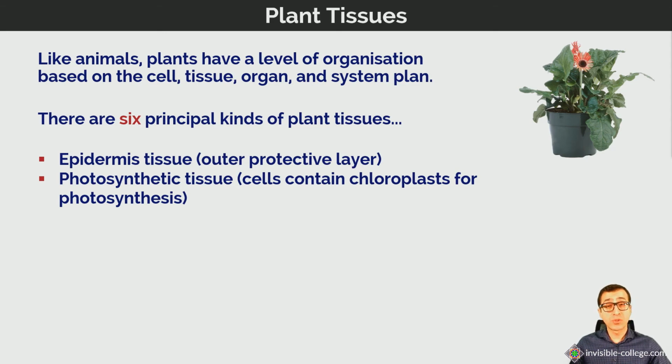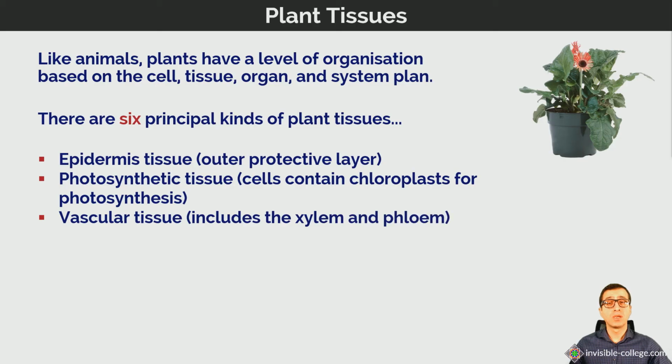And in plants, this includes the xylem tissue, which transports water and dissolved minerals from the roots to the parts of the plant that require it, in particular the leaves and the shoots. And you also have the phloem tissue, which is responsible for transporting the products of photosynthesis, sugars and also other assimilates, other substances, to the growing parts of the plant from the leaves.